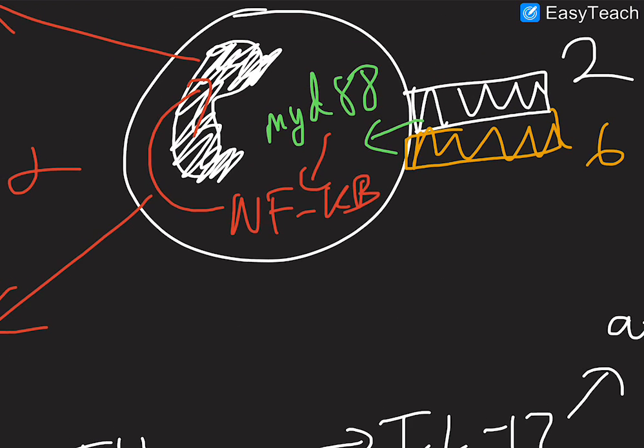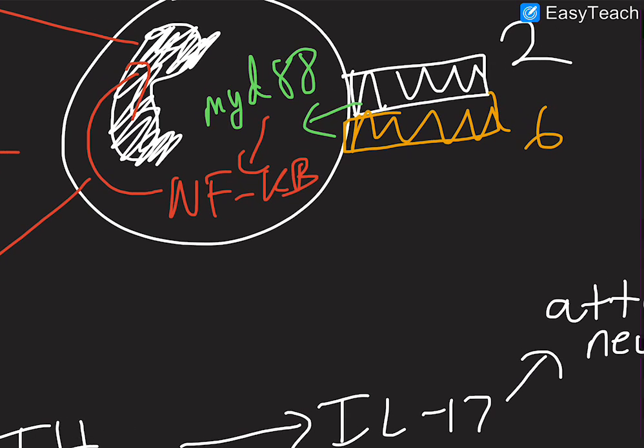So again, we can see the importance of toll-like receptors 2 and 6. If there's some defect in this, let's say, for example, we talk about the clinical relevance relating to HIV or AIDS. Patients who have HIV and AIDS have a decreased lymphocyte count, including their T lymphocytes, so they will have low Th17 cells.